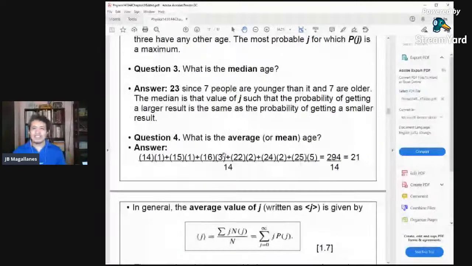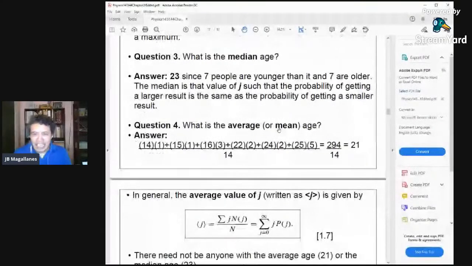Question number 4, what is the average or mean age? To do it, you just add these terms.